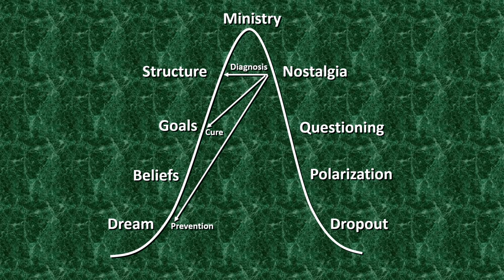If you do not become proactive and invest your energies and your talents and your resources into your dreams, beliefs, goals, and structures, and move to the left side of the bell-shaped curve once again, then you will be moving toward greater decline and perhaps even death. So where are you?